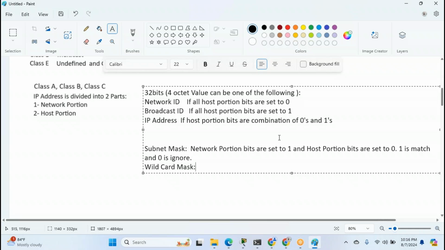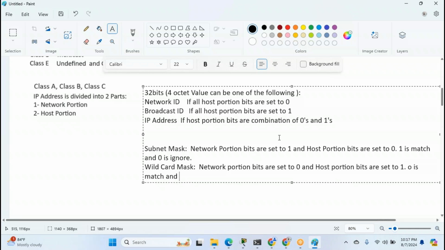Wildcard mask: network portion bits are set to 0 and host portion bits are set to 1. So here we can say 0 is match and 1 is ignore.